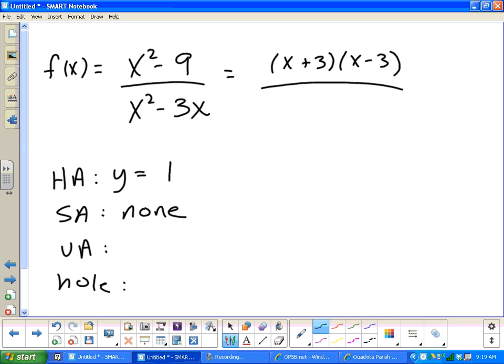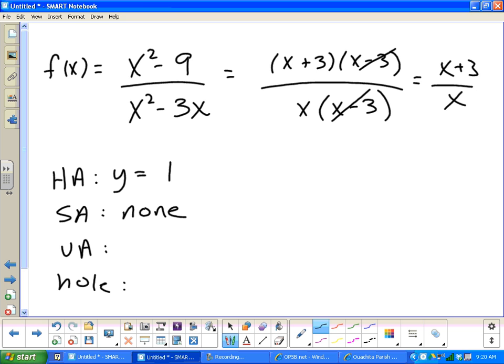And then in my denominator, I could factor out an x, right? So it'd be x times x minus 3. Okay, right. Now those x minus 3's would cancel out. Okay, so I have basically x plus 3 over x.